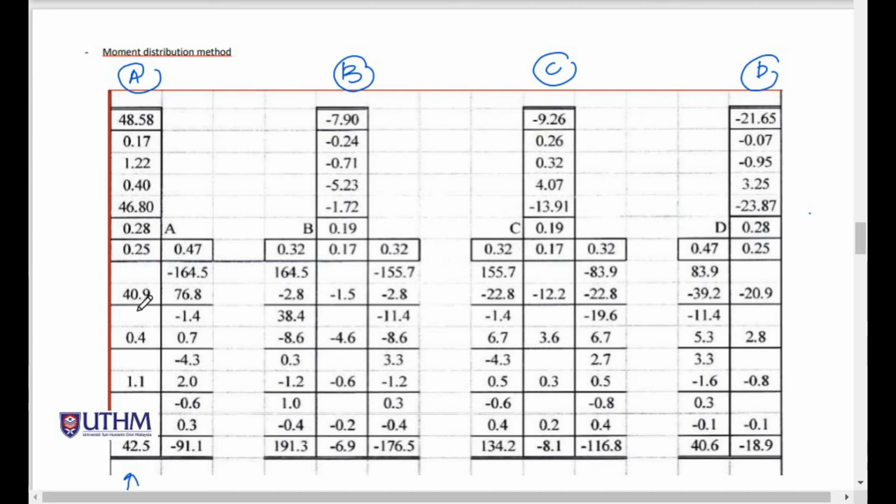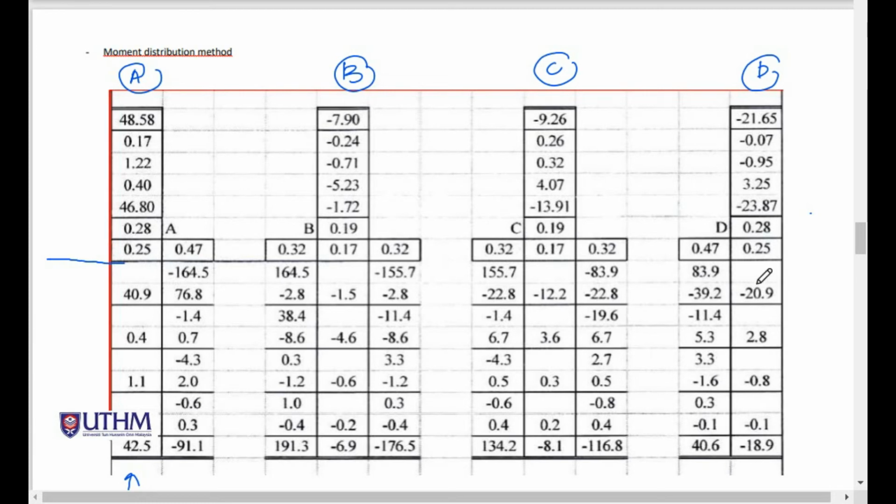So this represents column. This is the boundary. This is bottom column, lower column. And here is top column. This is top column, bottom column.